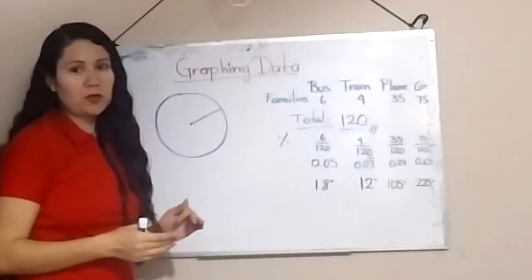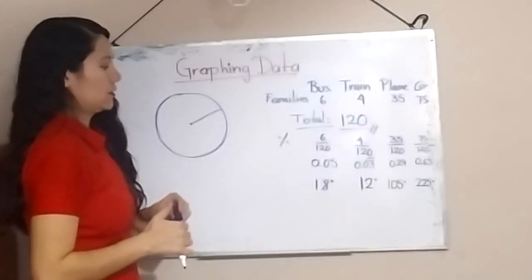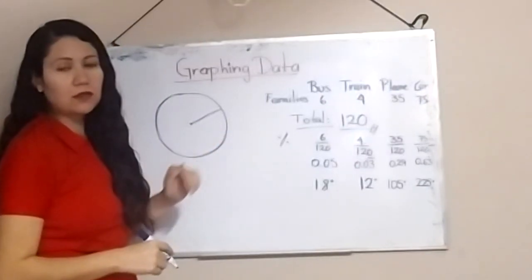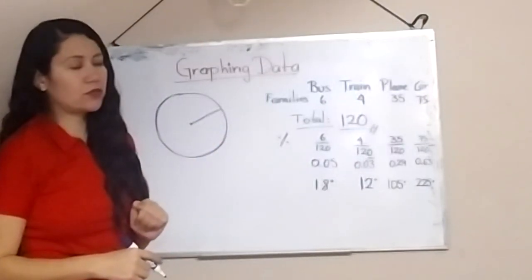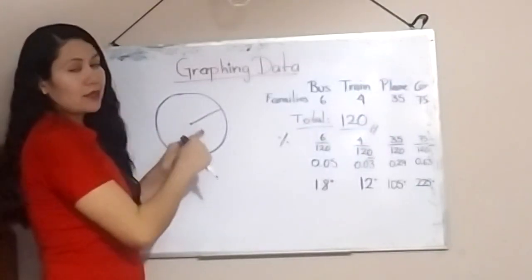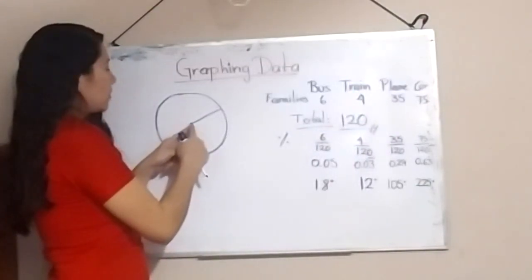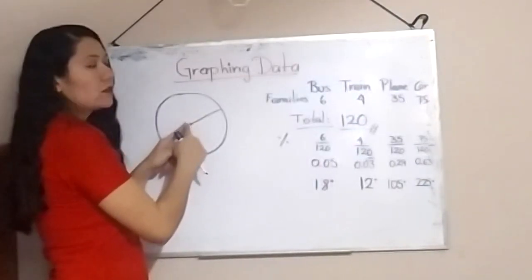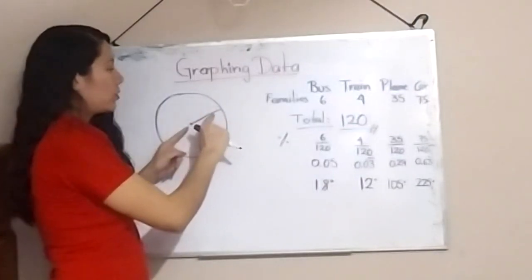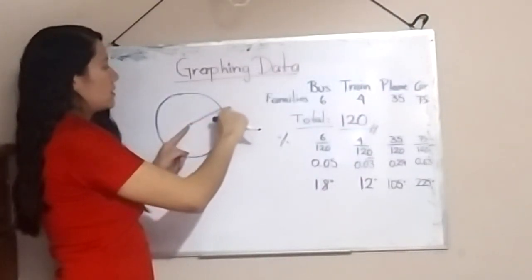Since I don't have a protractor, I will try to make them as accurate as possible, but you should use a protractor. To use a protractor, you should place the center of the protractor in the center of the circle, and the 0 mark of the protractor should be in this line.